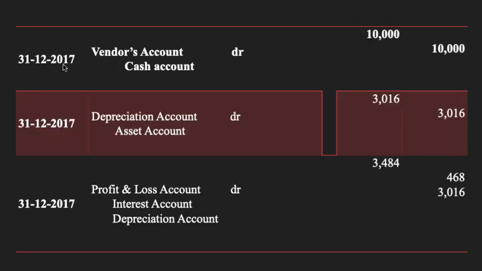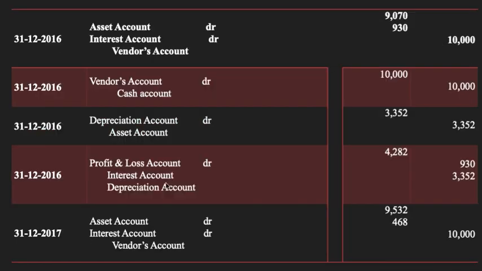Then again on 31st 12 2017 we have again here to cash 10,000 rupees. And then by asset and interest, from the asset account we can get that asset is 9,532 and interest is 468.